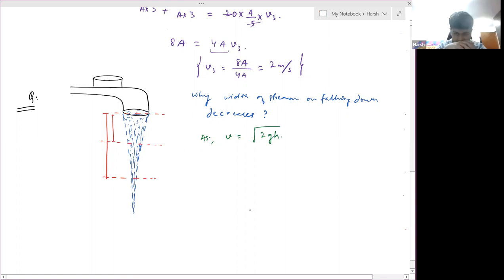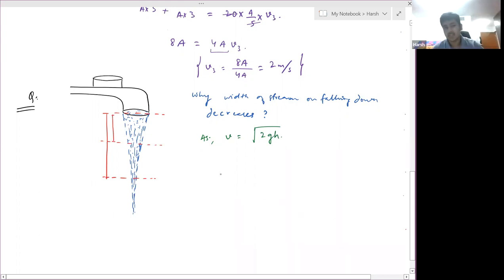Yes, sir. And since according to the equation, rate of flow is constant for this particular stream, A and velocity must be inversely proportional to each other. So if velocity increases, area must decrease. Hence, the width of the stream on falling down decreases. Is it clear?